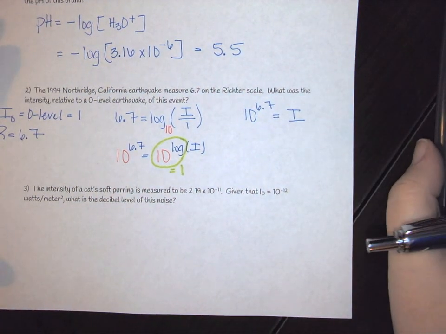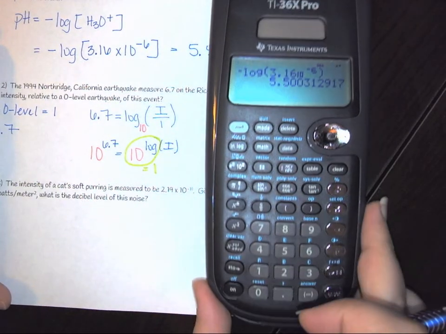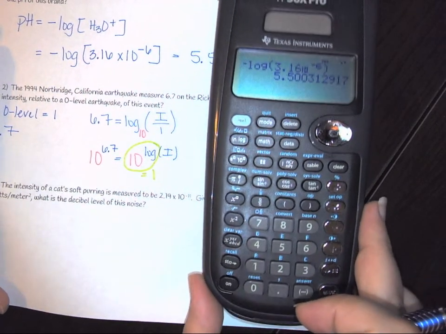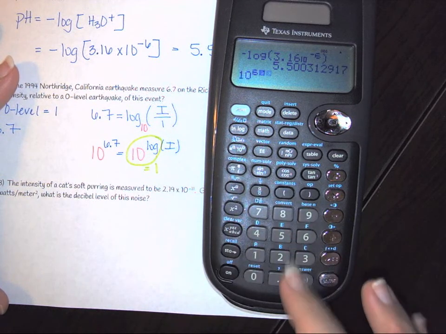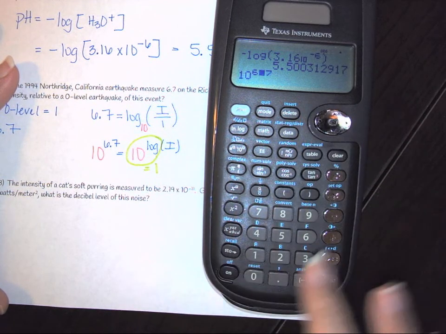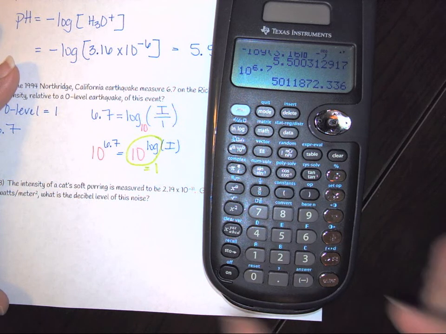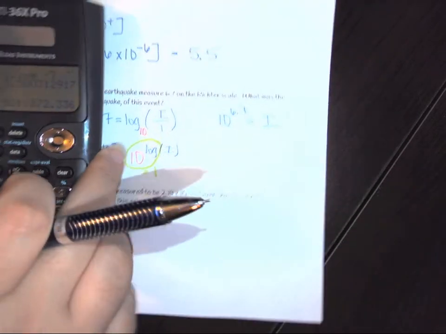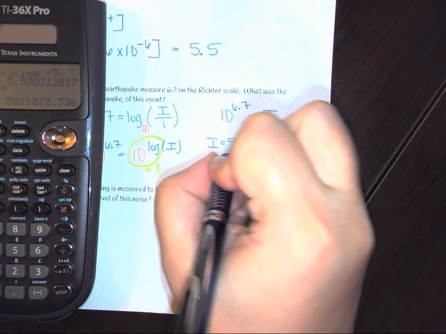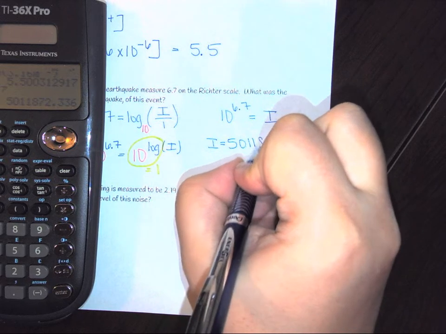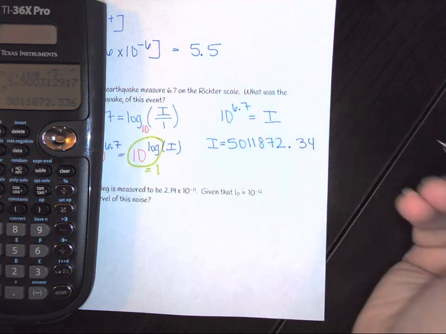And so then again, we need to use the calculator. So here, your calculator. So again, you could do 10 to the 6.7. Make sure you use the point, and that's going to give you your intensity. Okay? And so here we have that your intensity was 5011872.34.